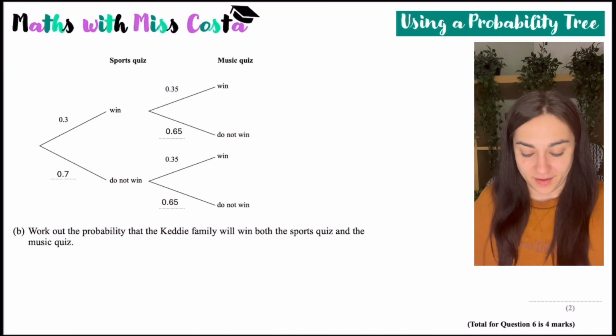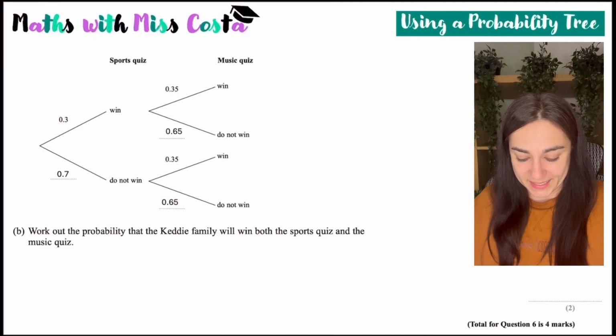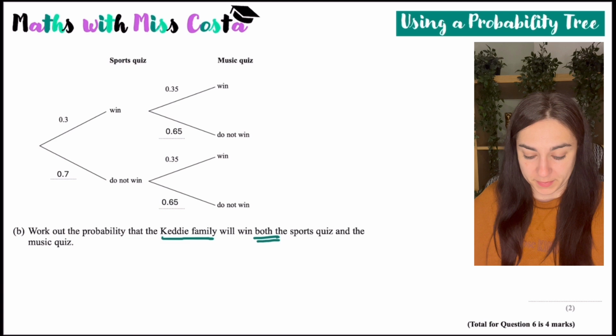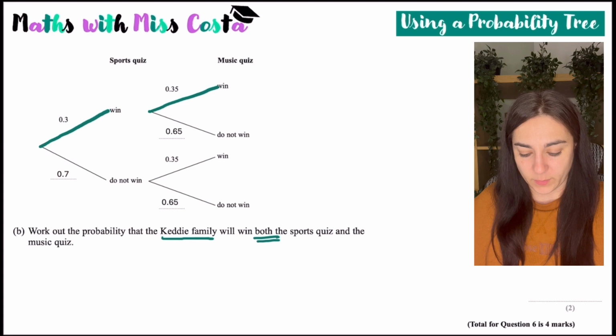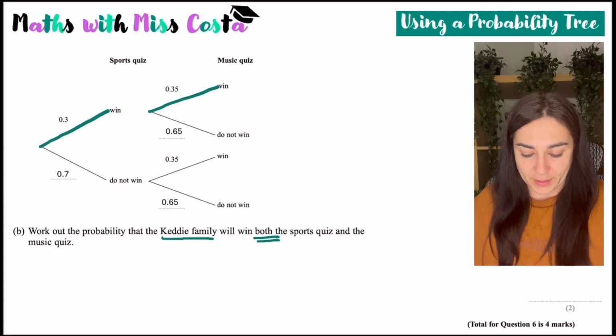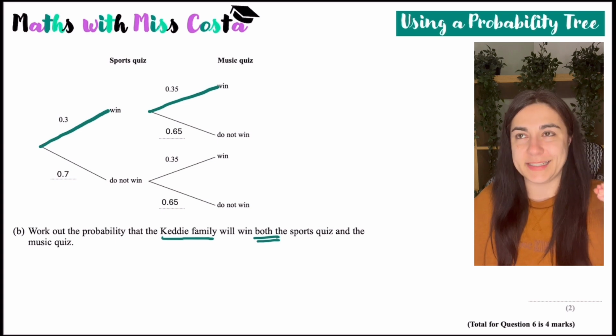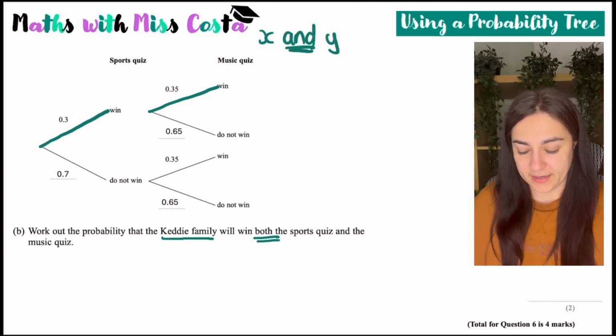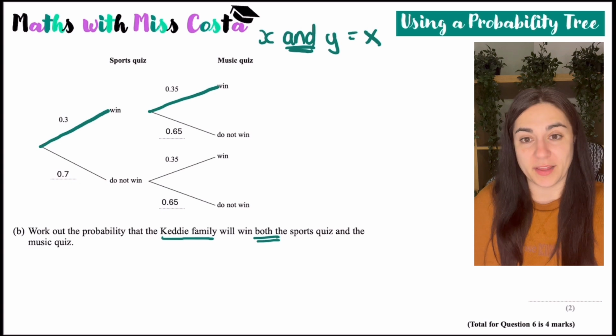And for the next part, I am being asked to work out the probability that the Keddy family will win both the sports quiz and the music quiz. So I think about what route can I take along my probability tree? Well, if I win the sports quiz, I go along this branch. And if I win the music quiz, I go along that branch. Now with probability, to work out the probability of, let's say, X and Y happening, you always multiply the probabilities.